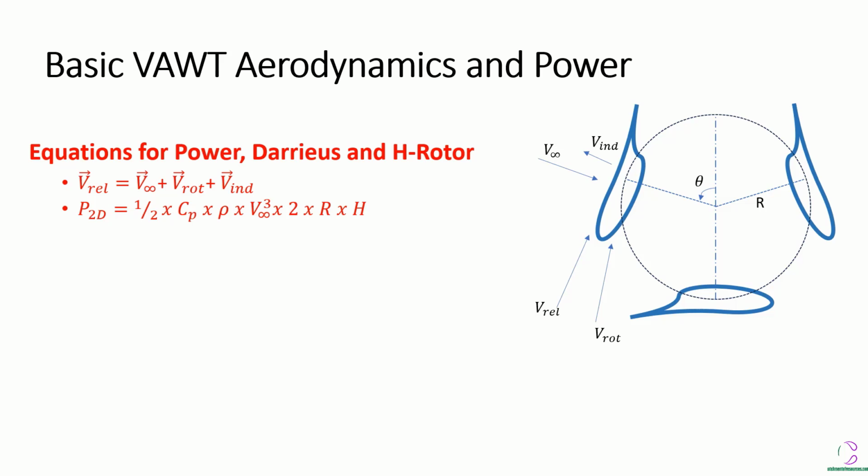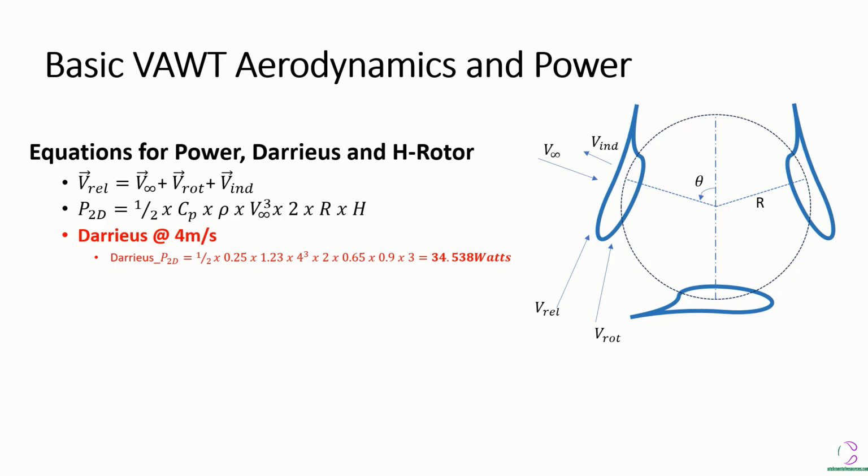So in this case, when we estimate for the Darrieus, we are getting 34.5 watts. And when we estimate for the H-rotor, we are getting 53.1 watts. So that's basically an estimate.